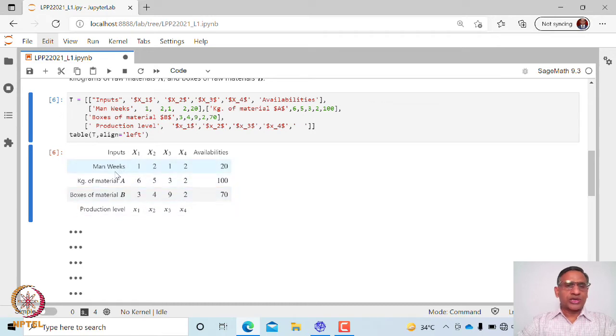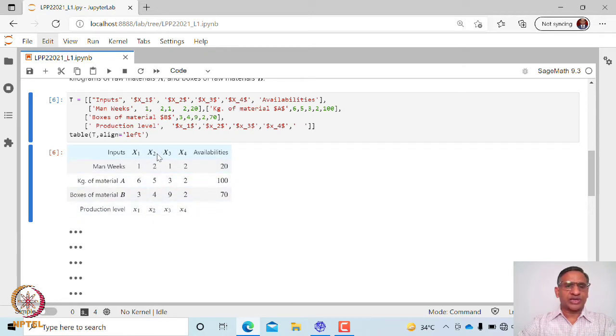The total number of man weeks available is 20 weeks. The total amount of raw material A available is 100, and the number of boxes of B available is 70.